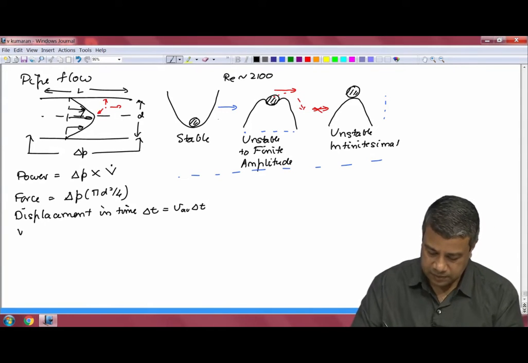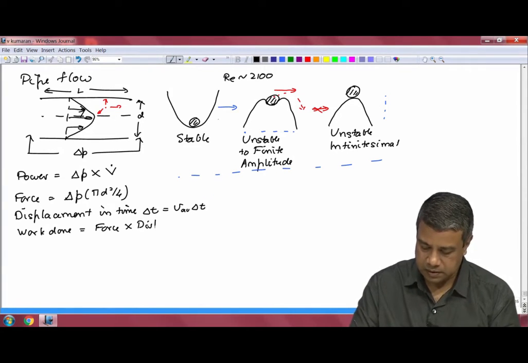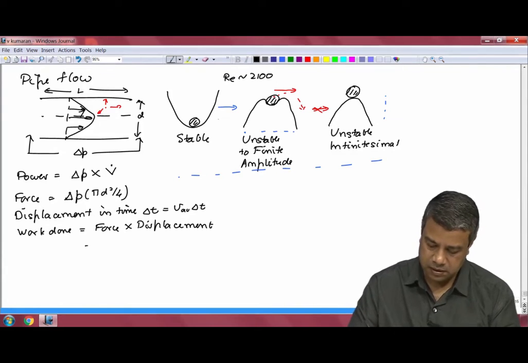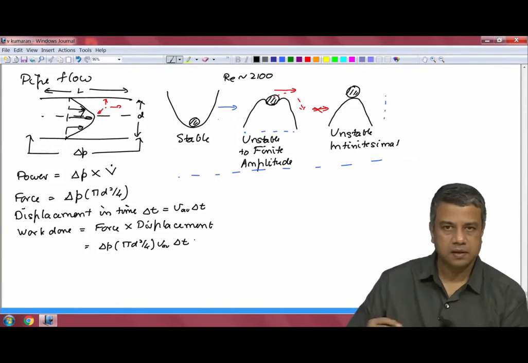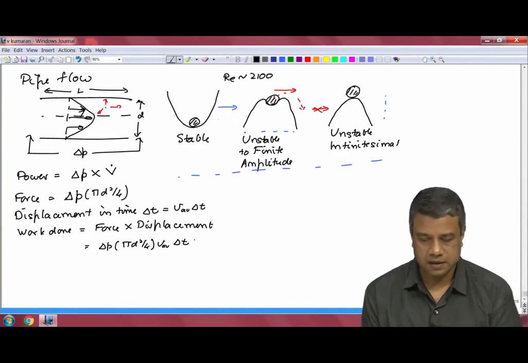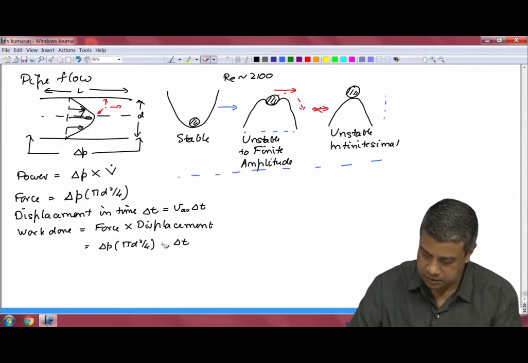Therefore, the work done is equal to force into displacement, which is equal to delta p into pi d square by 4 into V average into delta t. That is the work done within the time delta t.